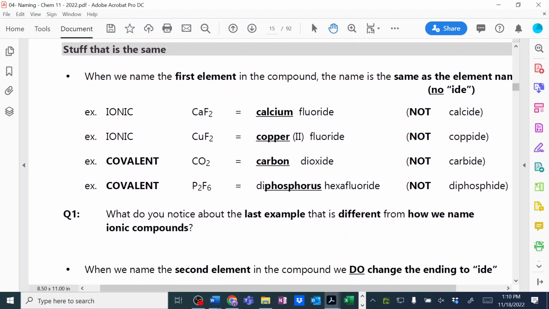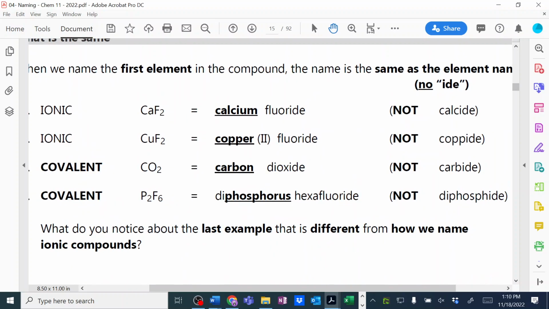When we have a covalent compound, we also change the ending, and you can see we have carbon dioxide, phosphorus hexafluoride, diphosphorus hexafluoride. So those ides are the same, but what's different about the covalent compounds compared with the ionic compounds?